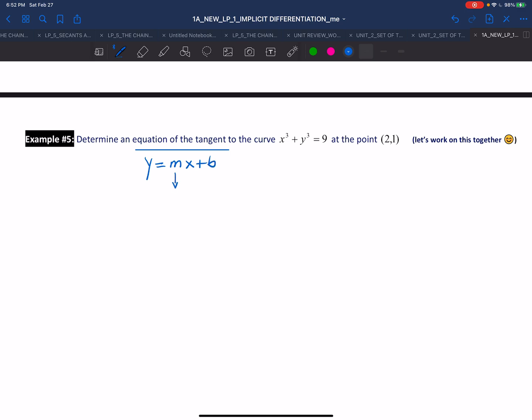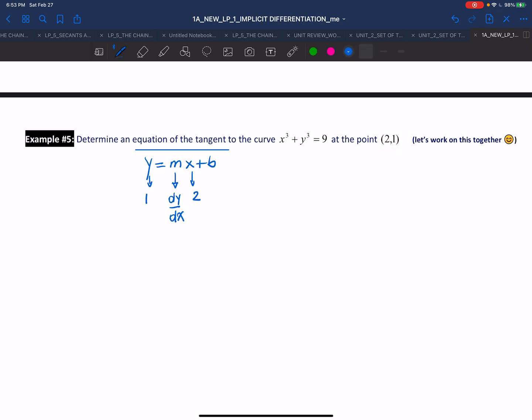Remember, we're going to need two things, the slope and a point. The slope will be dy dx, and the x and y coordinates are given here. So x equals 2 and y equals 1.